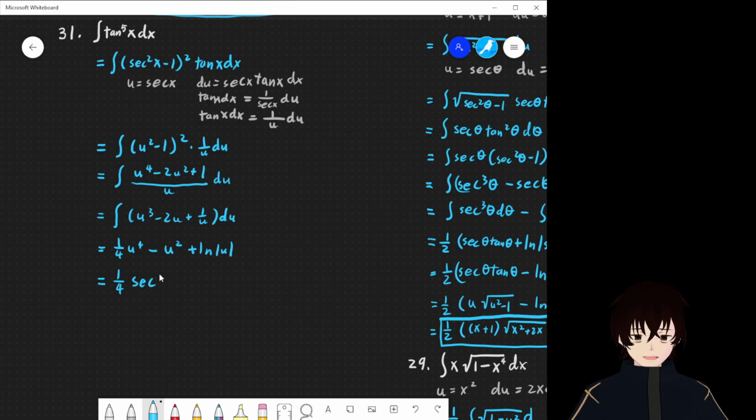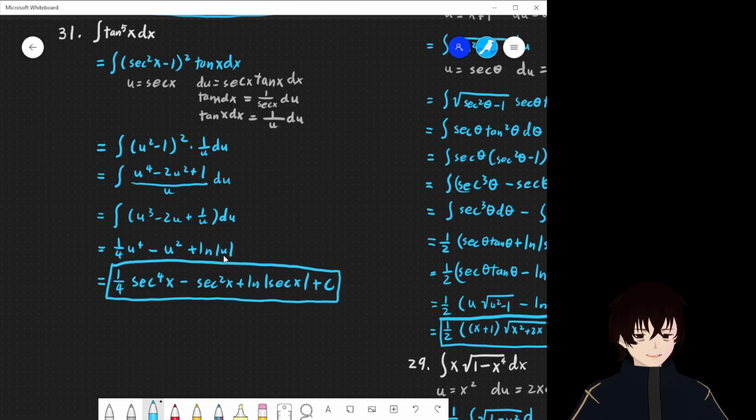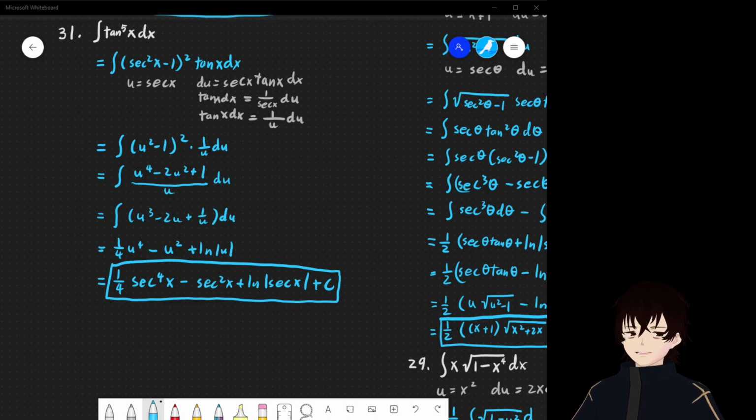We get 1 over 4 secant to the power 4 x minus secant squared x plus natural log of secant x plus c. Oh my god. If this is the solution, have I found an exploit to math? Oh, is this it? Is this it?